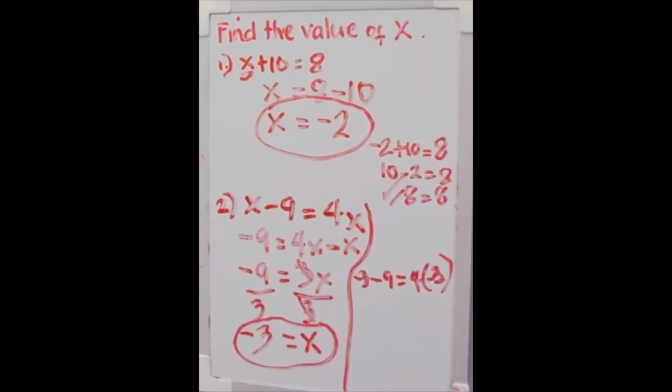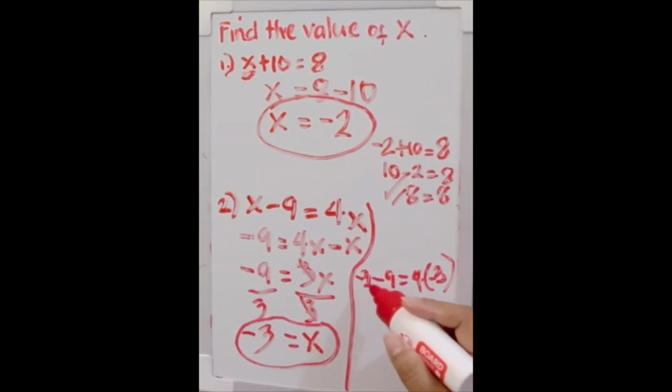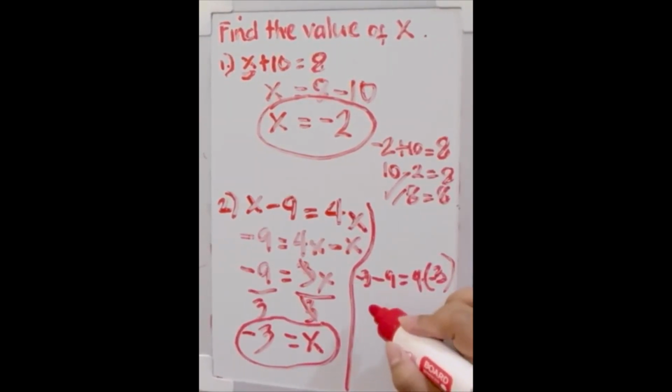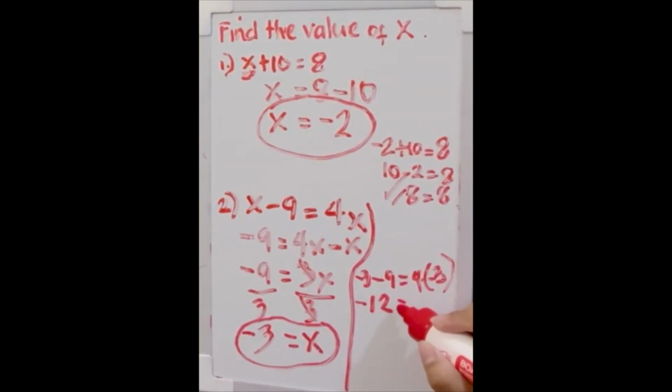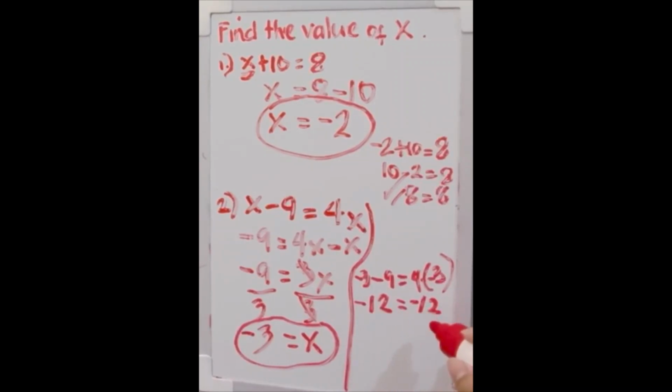So negative 3 minus 9, that will give us negative 12. So equal to 4 times negative 3, that is negative 12. So negative 12 is equal to negative 12.